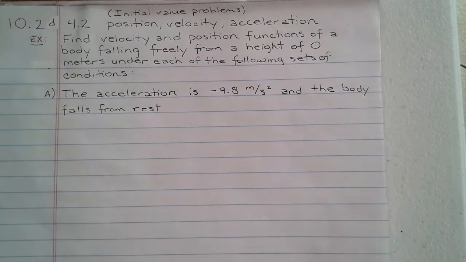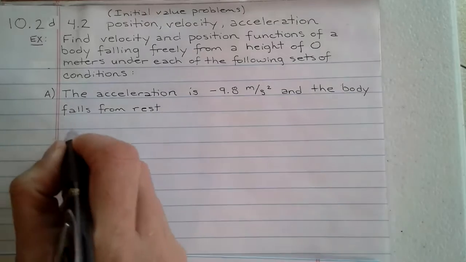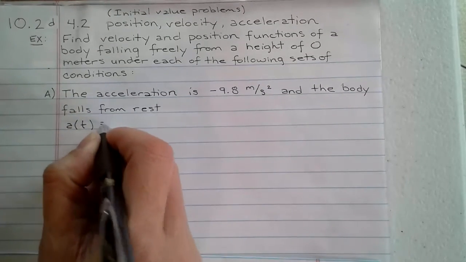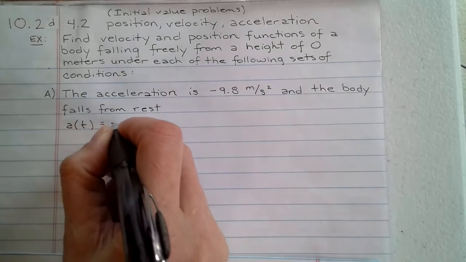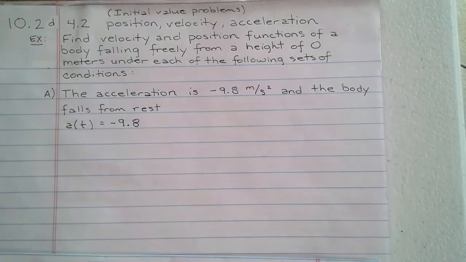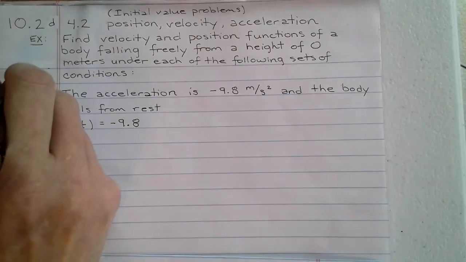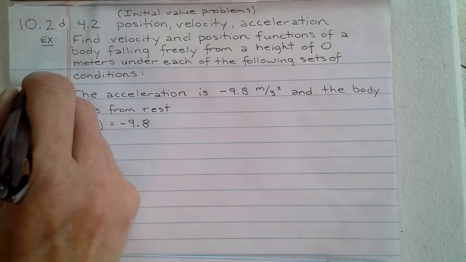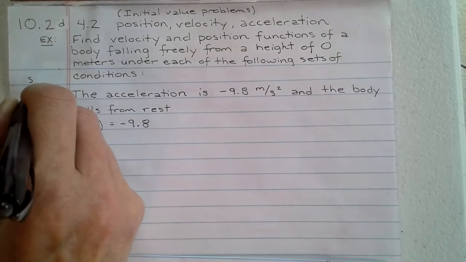Okay, so let's look at what we've got here. So we know the acceleration. And because gravity pulls you down, we'll sign it as negative. Now the whole key to these problems is the relationship between position: the derivative of position is velocity, and the derivative of velocity is acceleration.